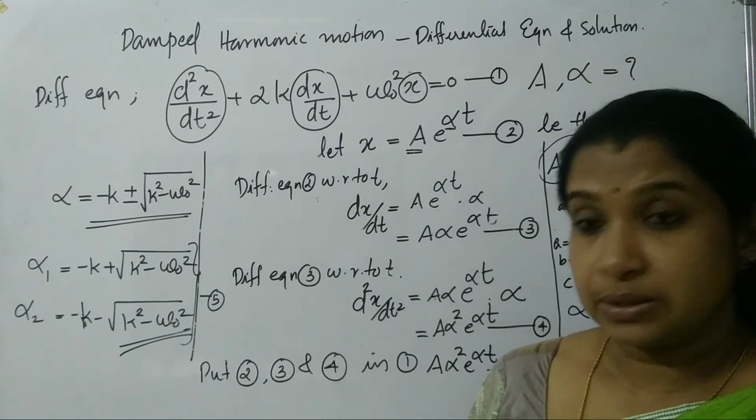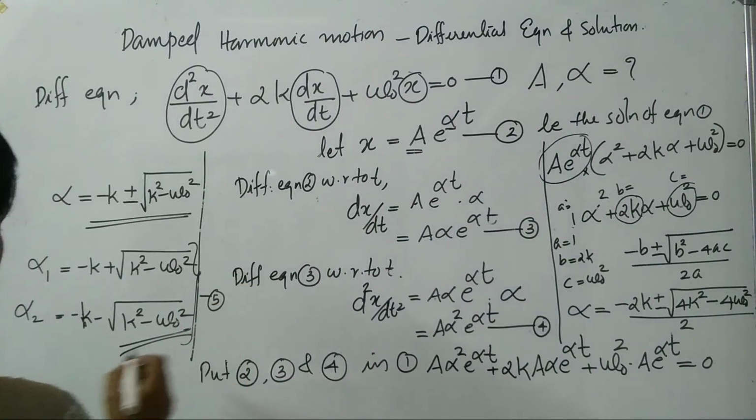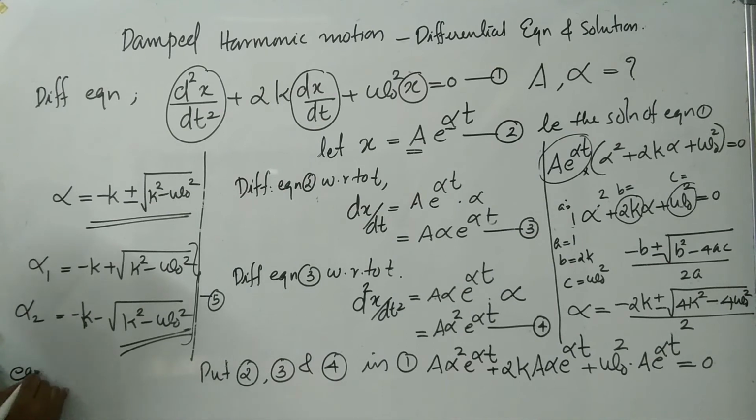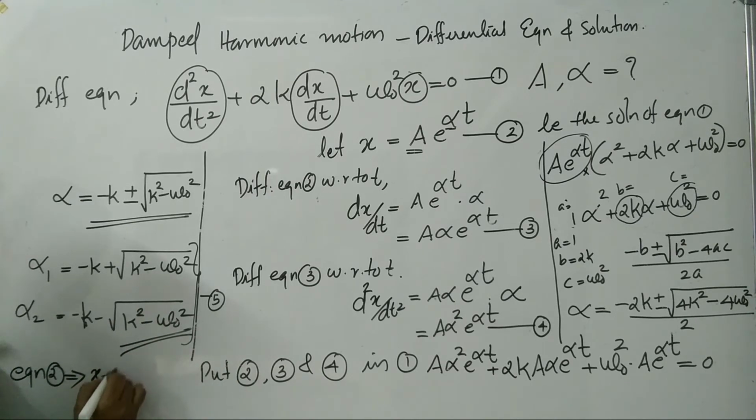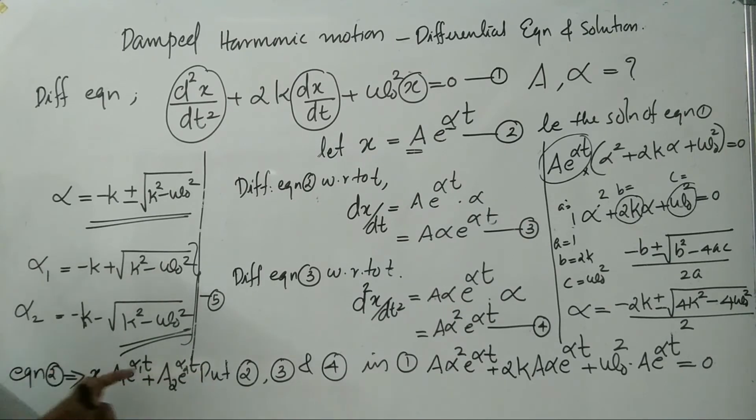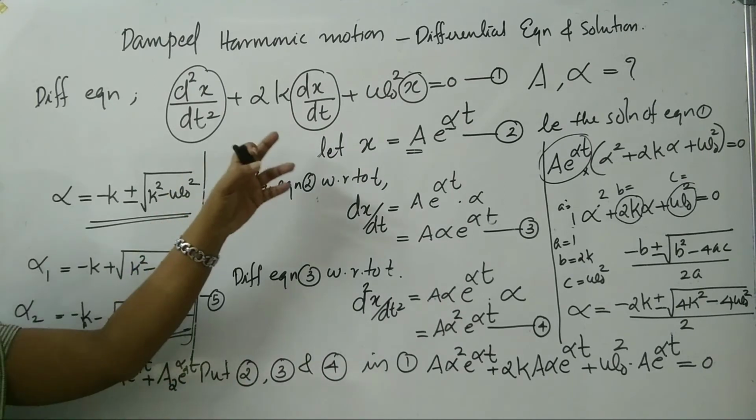So the general solution, that is equation 2, changes to x equal to a1 e raised to alpha 1 into t plus a2 e raised to alpha 2 into t. This is the general solution of this equation.